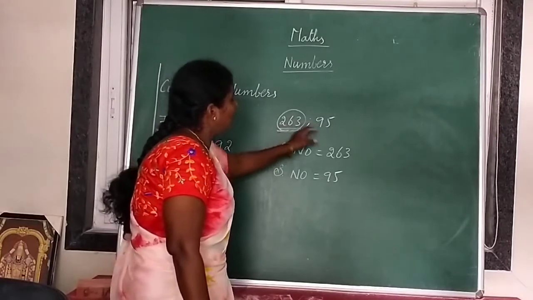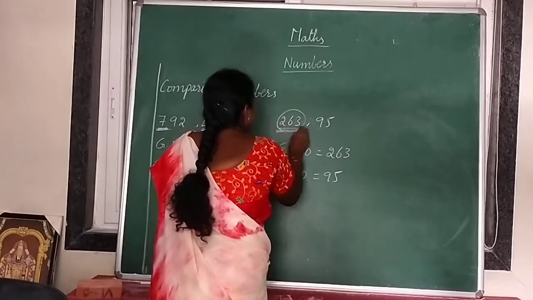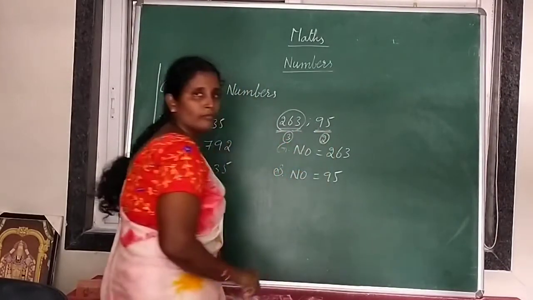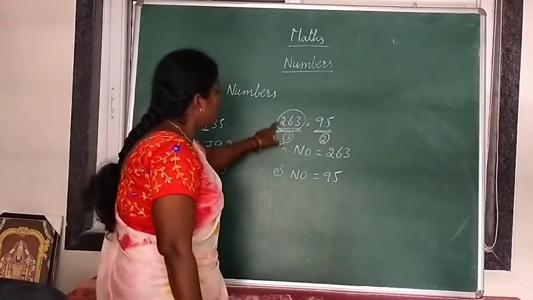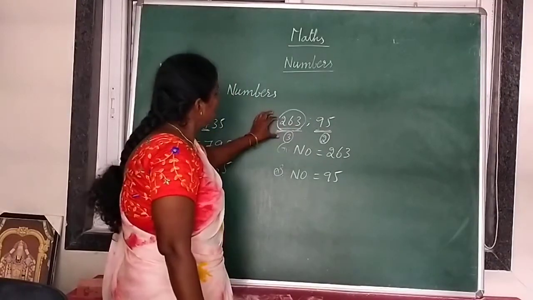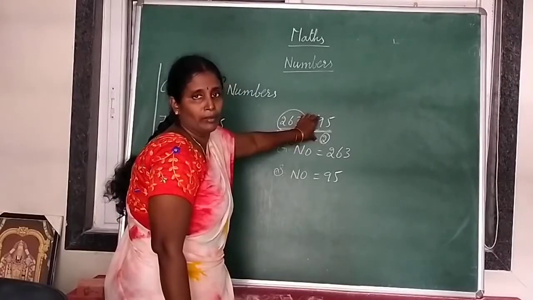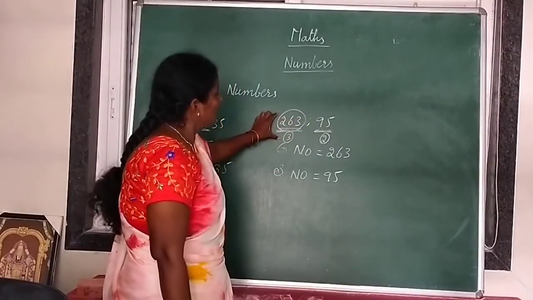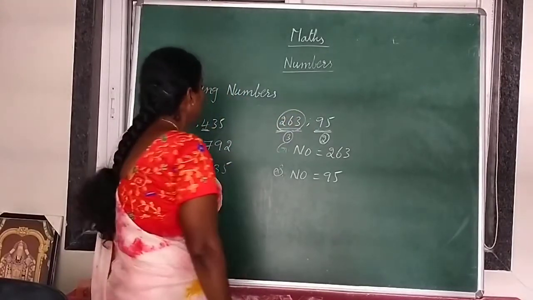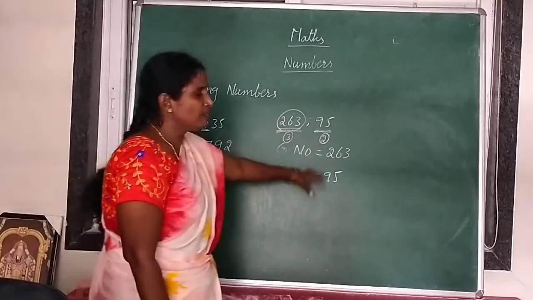Yes, because here 3 digits are there and here 2 digits are there. This is a 3-digit number and this is a 2-digit number. So a 3-digit number is always greater than a 2-digit number. So 263 is greater than 95.